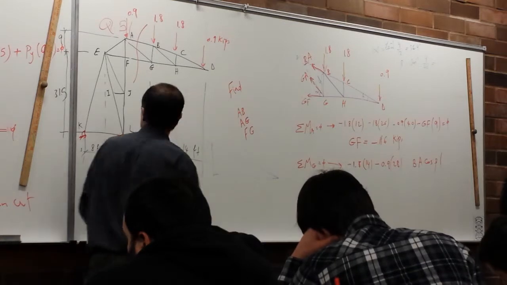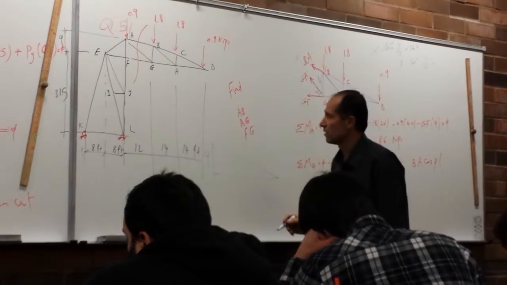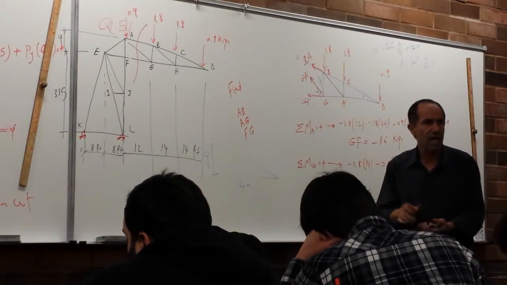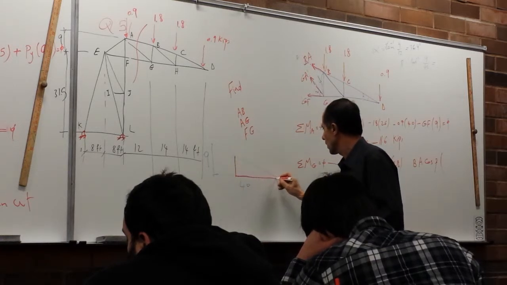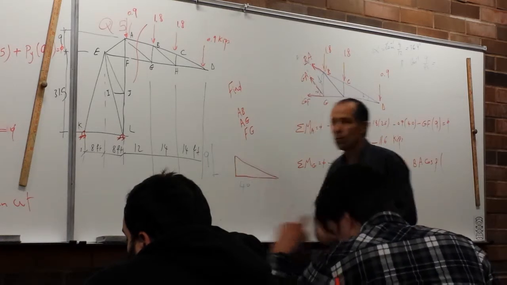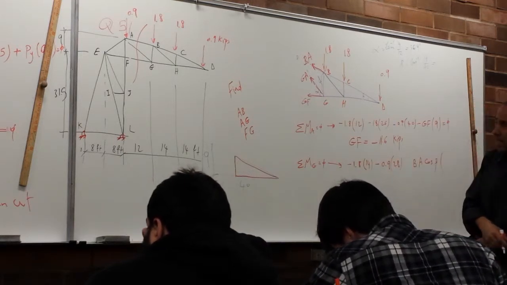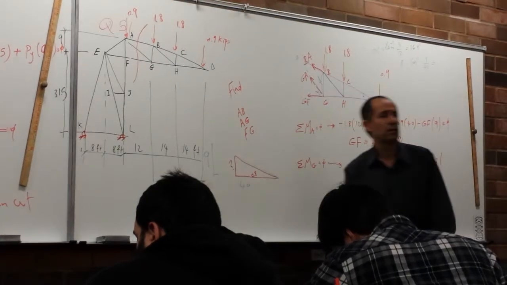This side is 9. This base is 40. Inside it, I have this triangle. Correct? Inside the blue one, I have the red one. The base is 28. How much is this one?